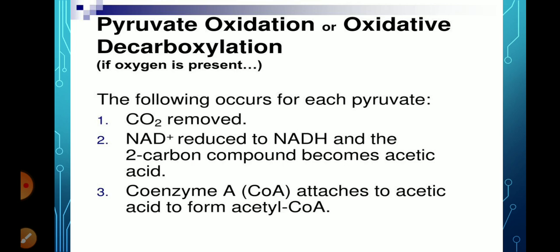So pyruvate oxidation, or oxidative decarboxylation of pyruvic acid, is done in aerobic respiration, it does not happen in anaerobic respiration, because oxygen is needed in the next reactions.